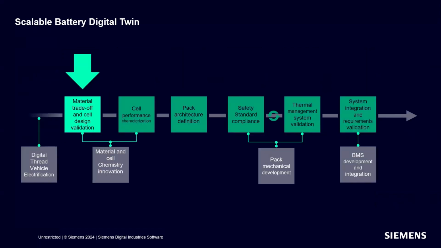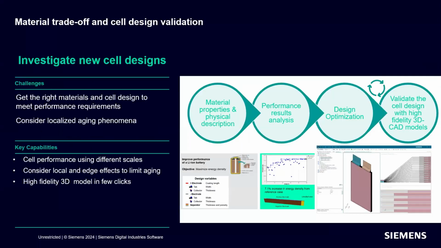So let's start with the first step, which is material trade-off and cell design validation. This is where you may have a certain capacity requirement, weight, or material requirement, and we need to make sure our cell design meets these or at least gets close to them. You can explore the impact of materials and physical descriptions on your cell design.